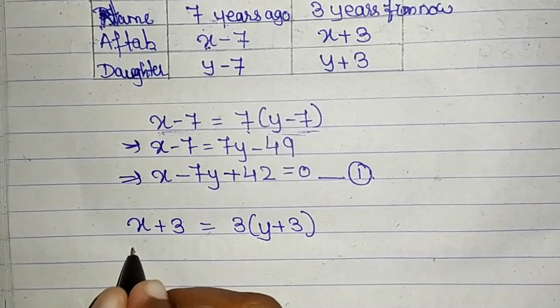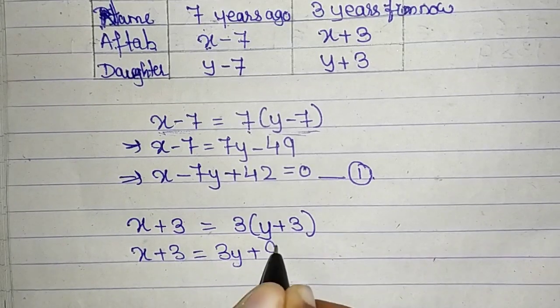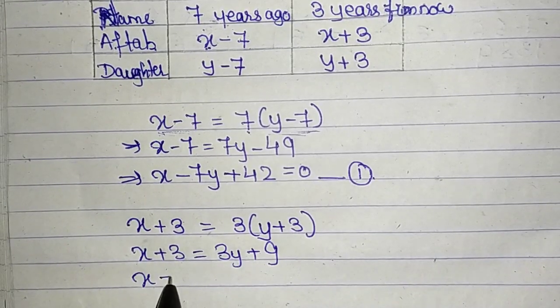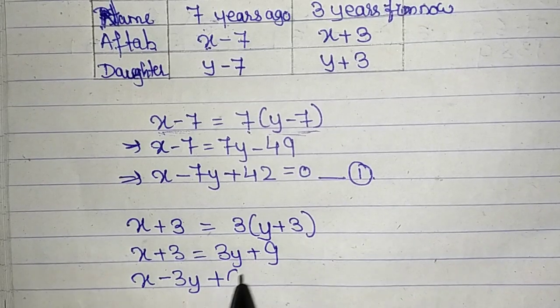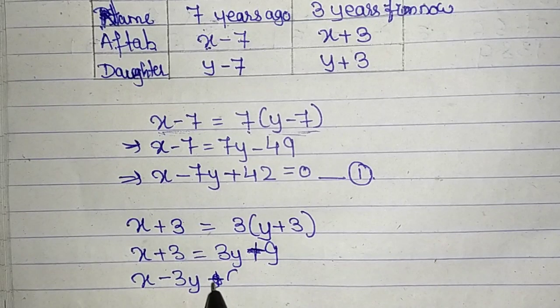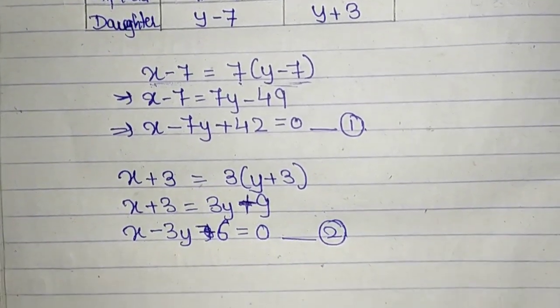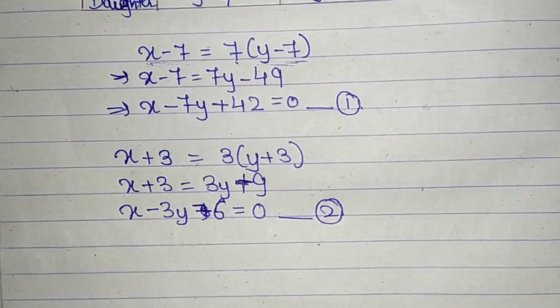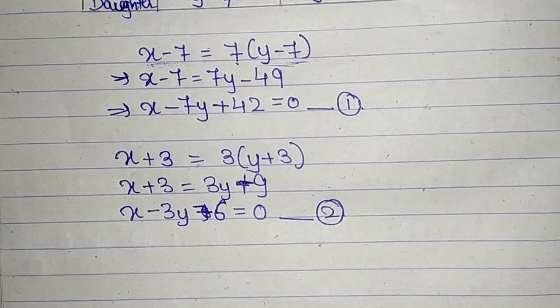On simplification, we get x plus 3 is equal to 3y plus 9, x minus 3y minus 6 is equal to 0. This is the second equation. So we got our two equations: x minus 7y plus 42 is equal to 0 and x minus 3y minus 6 is equal to 0.